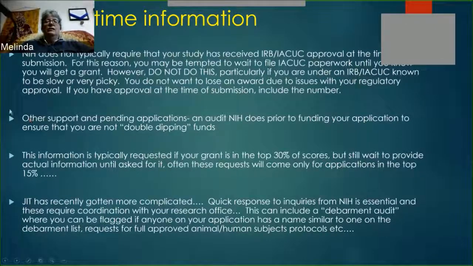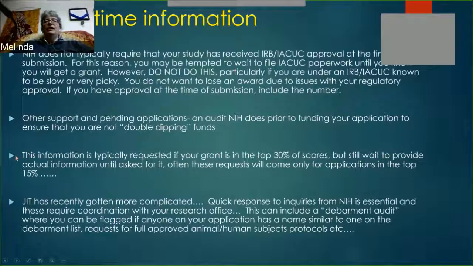Other things that are just-in-time are other support and pending applications. This is an audit NIH does to make sure you're not double dipping funds, so that if you have submitted the same proposal to 3 different agencies, you're only allowed to take money to do the project from one of the 3 agencies.